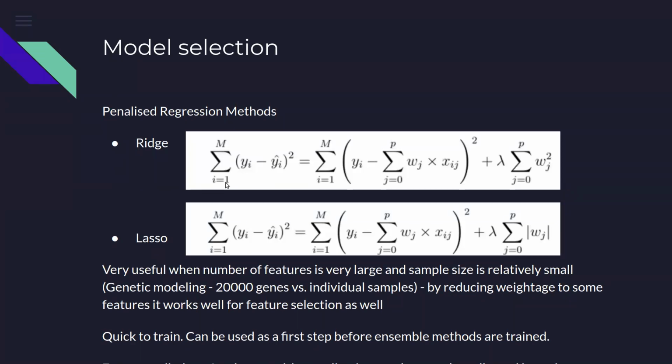Don't get overawed by the equation that you are seeing here against ridge and lasso. Just try to understand it this way: this part is what I apply for regression, the normal linear regression.